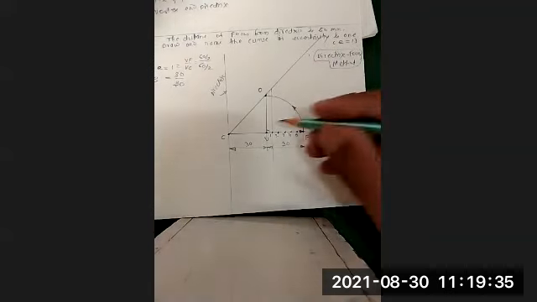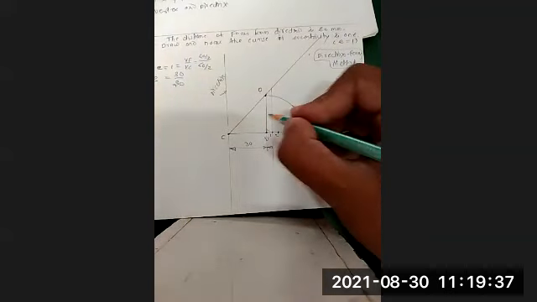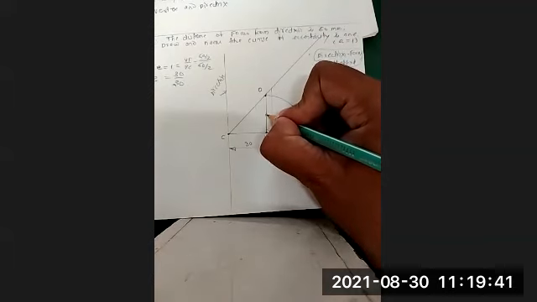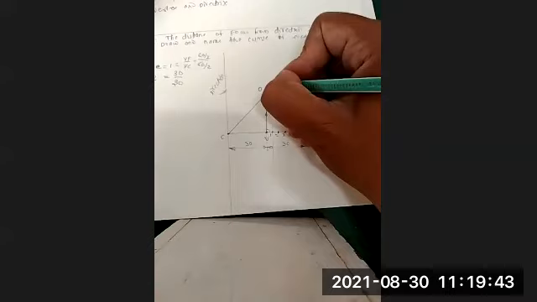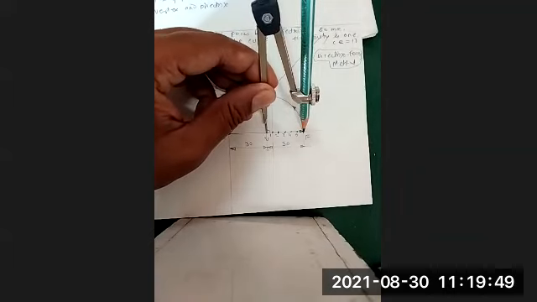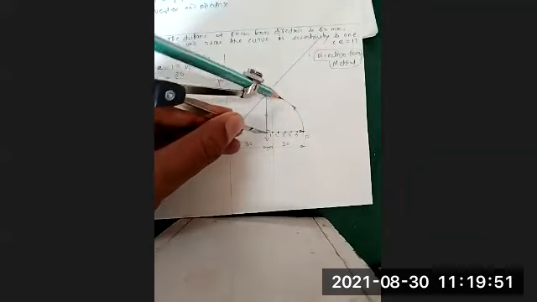Then what we have done next is I have drawn this vertical line through V. V2 O line means that it is perpendicular to this one, and by taking the distance V2 F, I have drawn this arc.